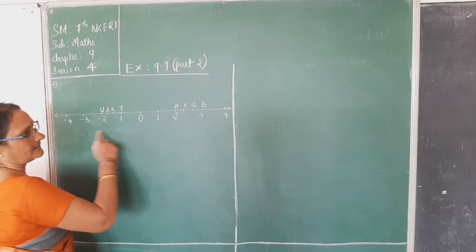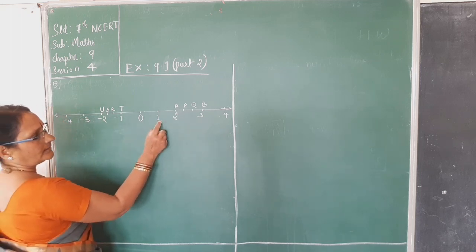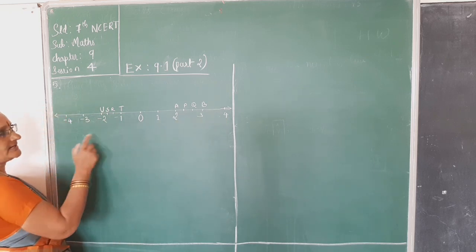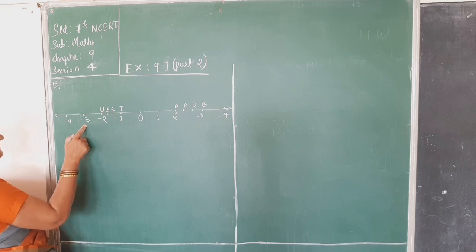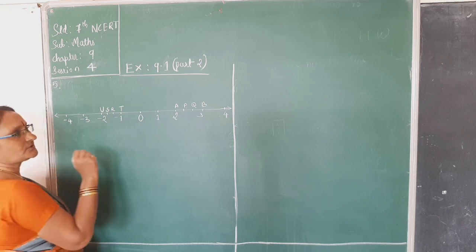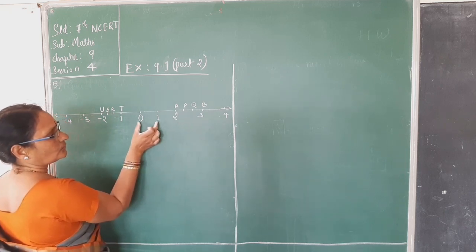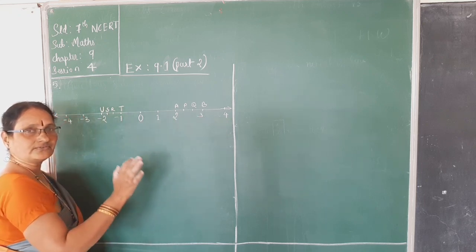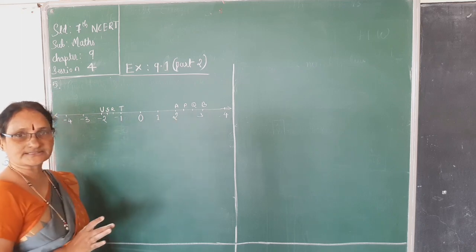Observe this number line here: 0, 1, 2, 3, 4, and in the same way, the left side is -1, -2, -3, -4. Observe that between 0 to 1, 1 to 2, 2 to 3, 3 to 4, we always have the same parts.